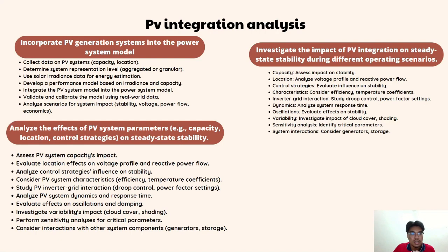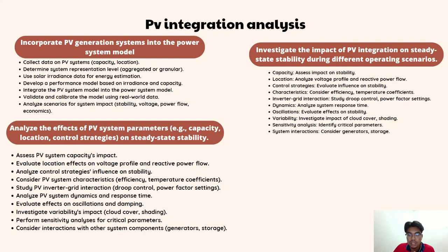Then the last one is analyzing the effect of PV system parameters, for example capacity, location, and control strategies, on steady state stability. Analyze the effect of PV system parameters such as capacity, location, and control strategies on steady state stability. Assess the impact of different PV system capacities on stability and study the influence of system location on voltage profile and reactive power flow. Evaluate the effect of various control strategies implemented in the PV system on stability.